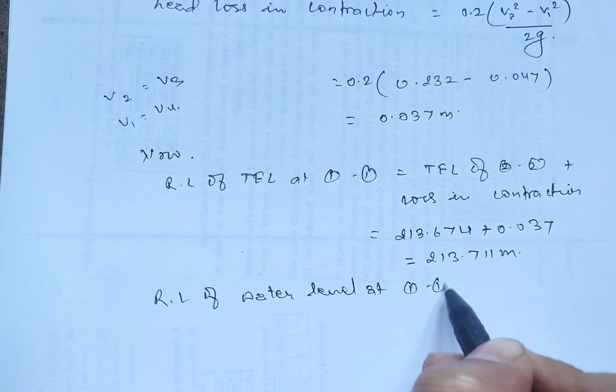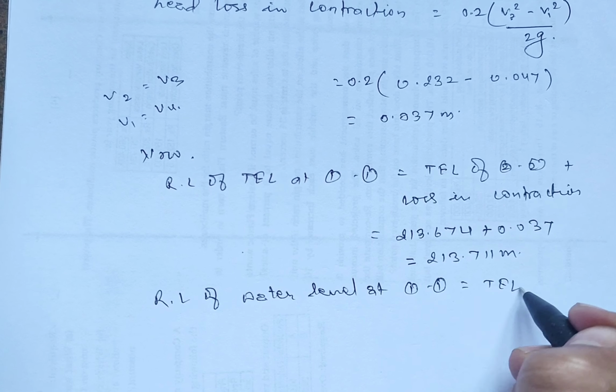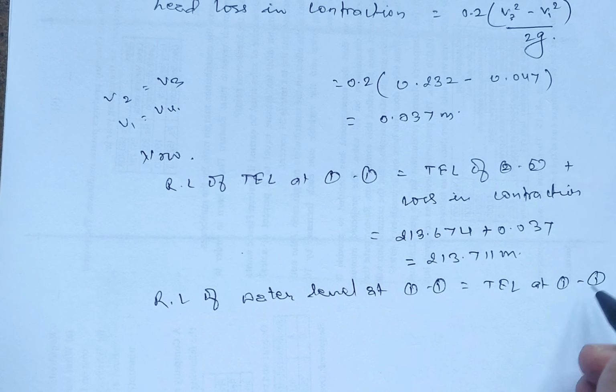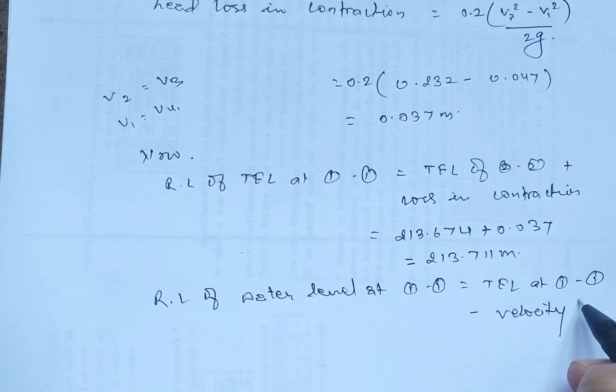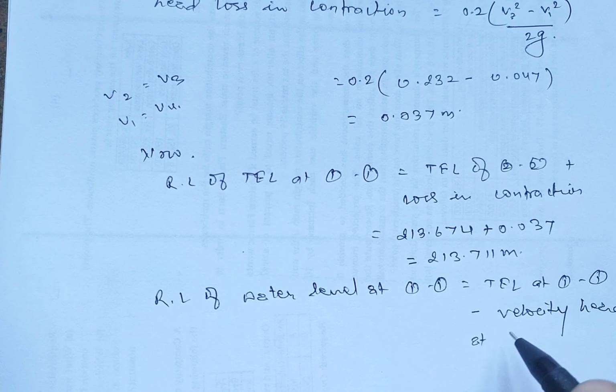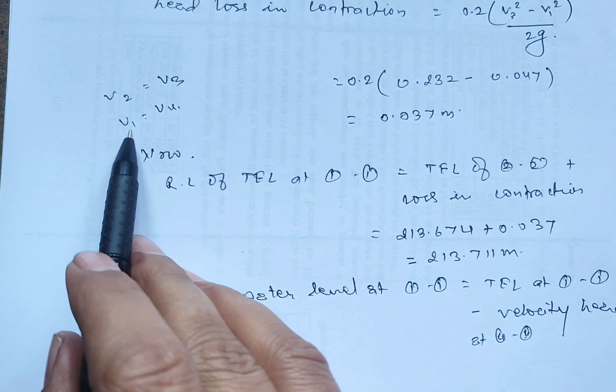And second, RL of water level at 1 equals TEL at 1 minus velocity head at 4, where velocity at 4 is equal to V1.